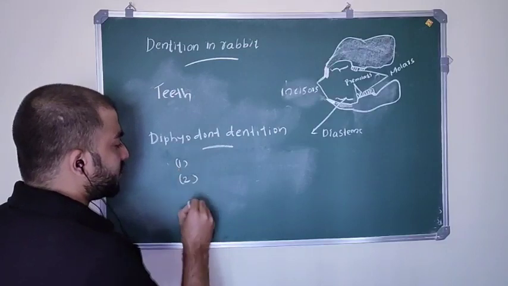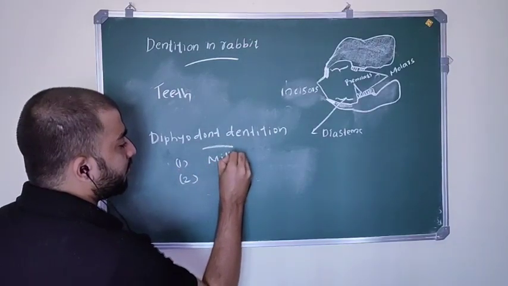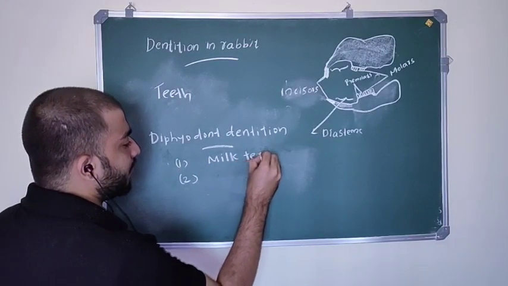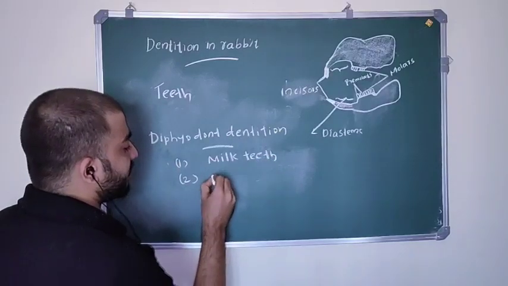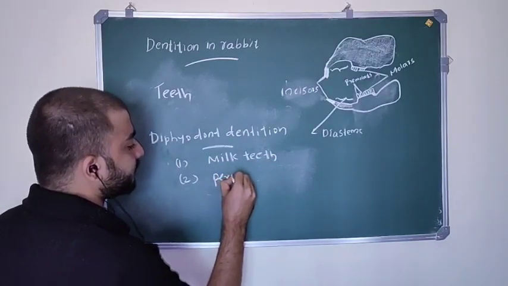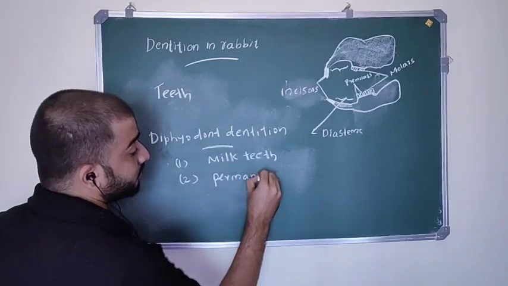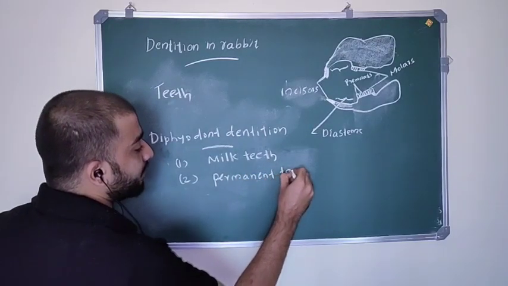What are the two sets? A set of milk teeth and another set of permanent teeth. Milk teeth and permanent teeth.